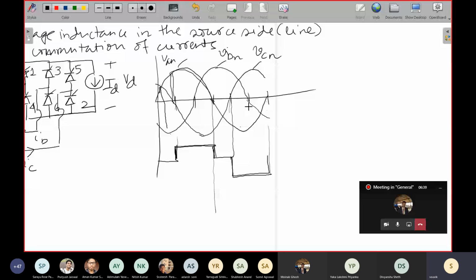VB is trying to conduct in this zone. IB is trying to conduct in this zone. That means this is thyristor 1 and this is thyristor 3, and I can complete the drawing here itself.